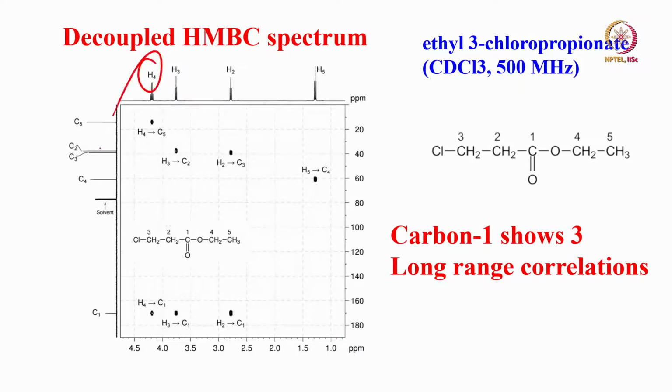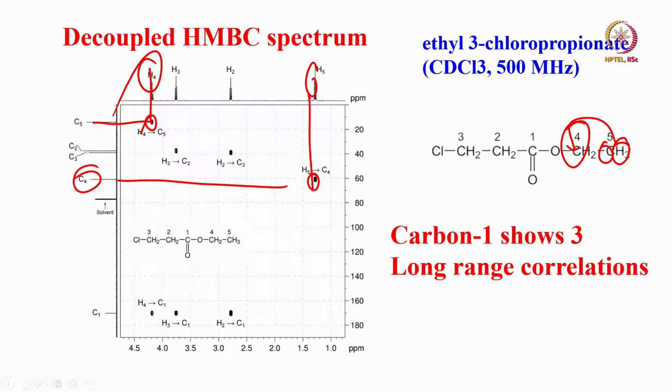Come to this proton 4, isolated. This proton 4 here, coming here, it is correlating to carbon 5. So otherwise in this dimension carbon 5 is correlating to proton 4. Now this proton 5 should correlate to carbon 4. Look at this proton 5, this is correlating to carbon 4.